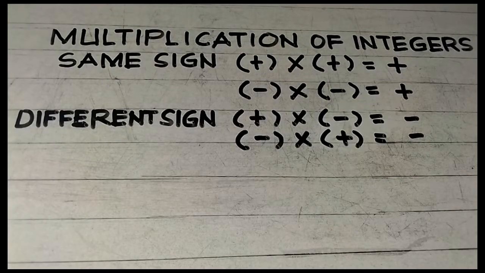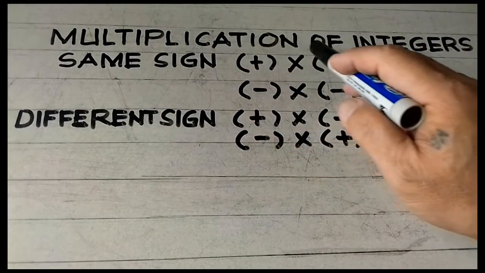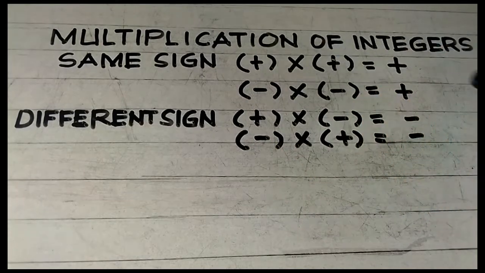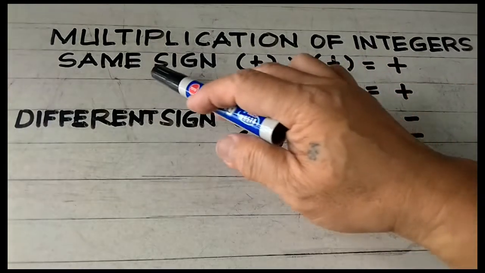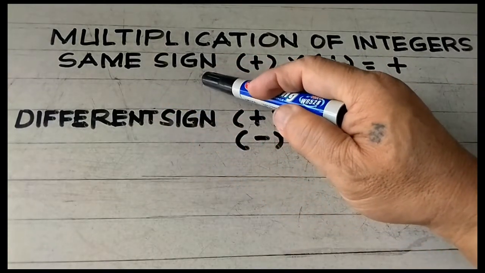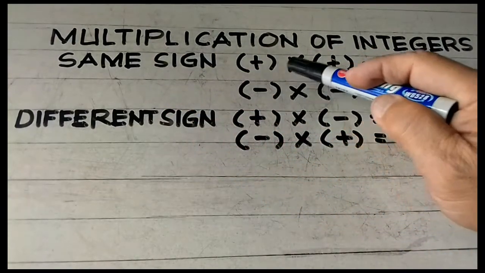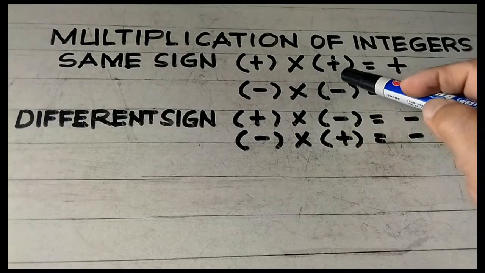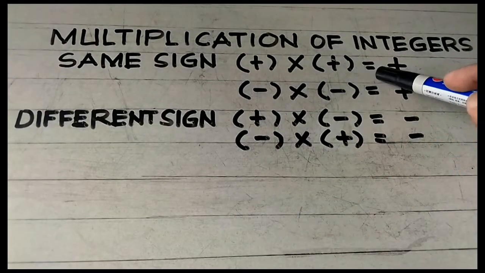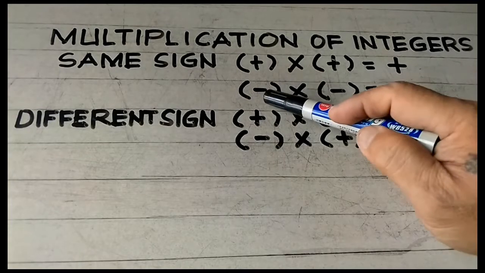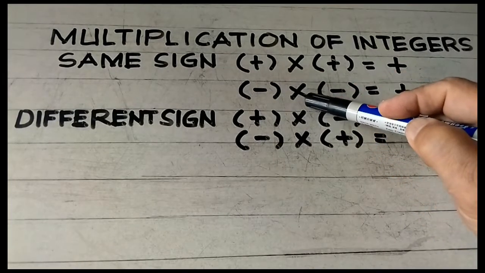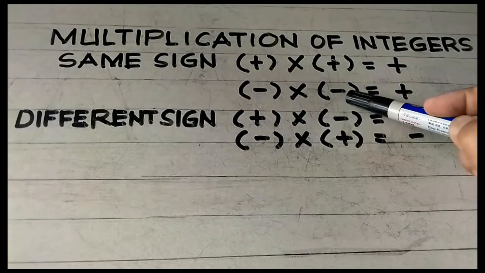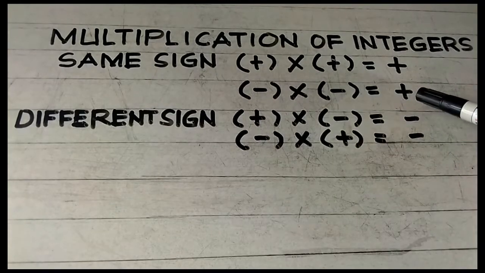Hello guys, for today's video I am going to discuss multiplication of integers. So we have the example here. Same sign: positive multiply by positive is equal to positive, negative multiply by negative is equal to positive.